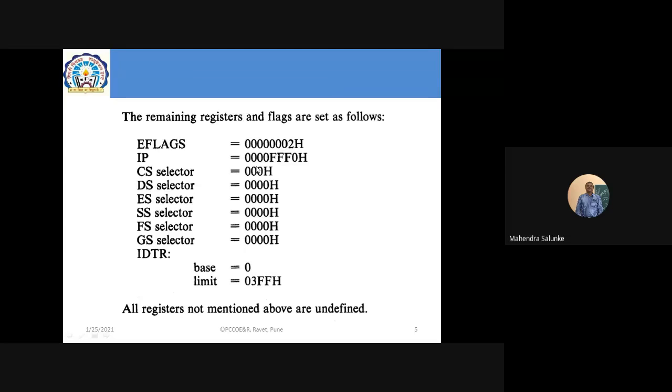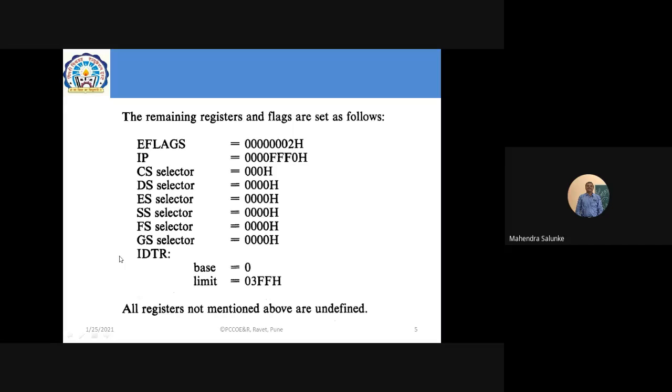This points to the real mode interrupt vector table, which starts at memory address 0, so the base address is 0. The limit field indicates 3FF, which indicates the size of the IDT.